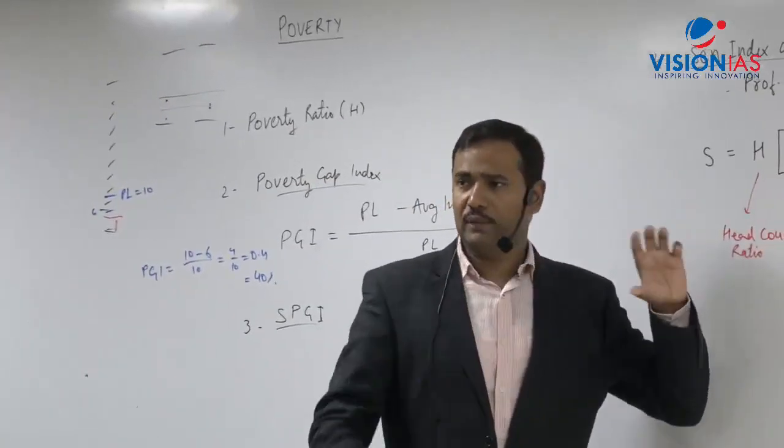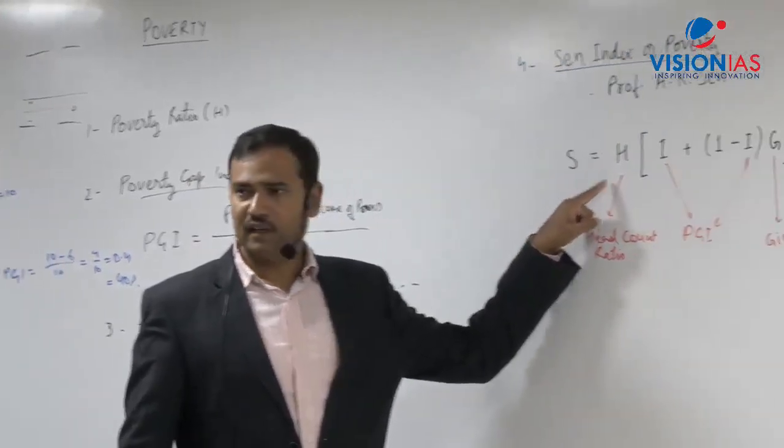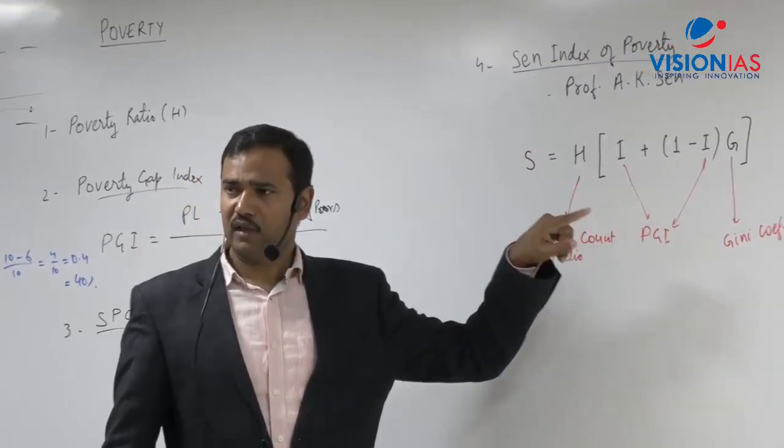Composite means overall. So it considers extent and severity of poverty, considering inequality.